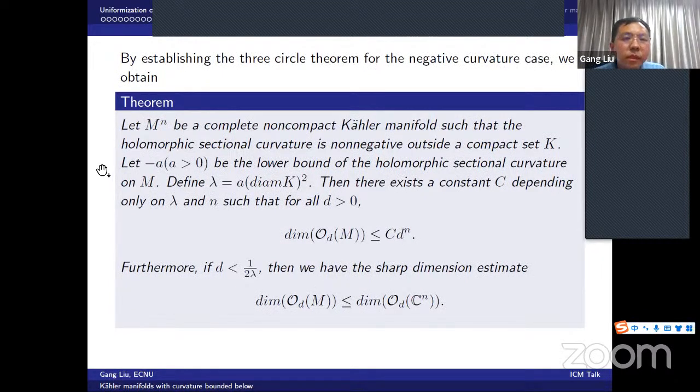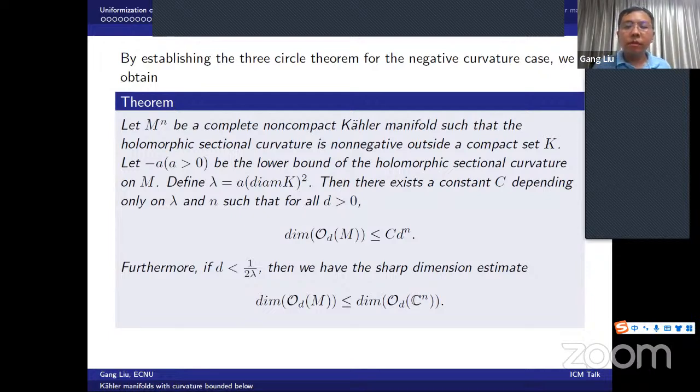Okay, so by establishing the three-circle theorem for the negative curvature case, we obtain the following. In this case, we do not assume strict non-negativity. So let us assume that there is non-negative curvature outside a compact set K, and you assume minus A as a lower bound of the holomorphic sectional curvature, and you define this lambda as A times the square of the diameter.